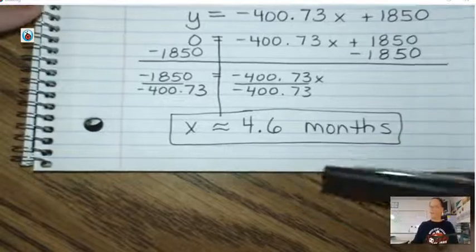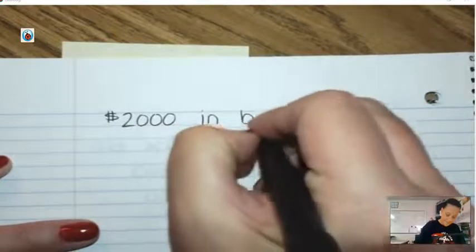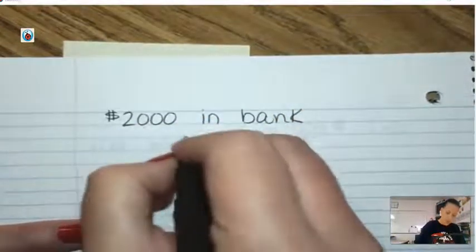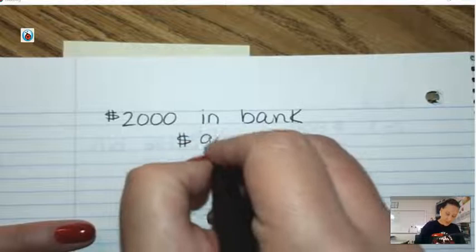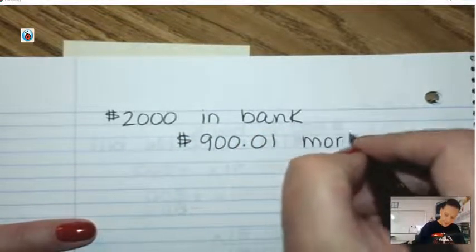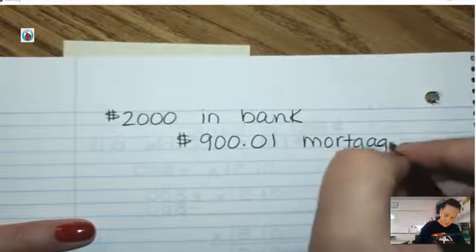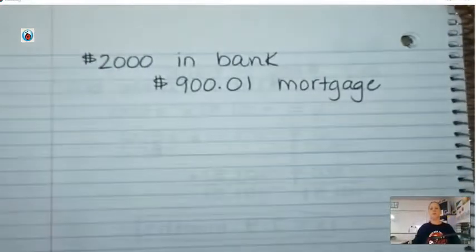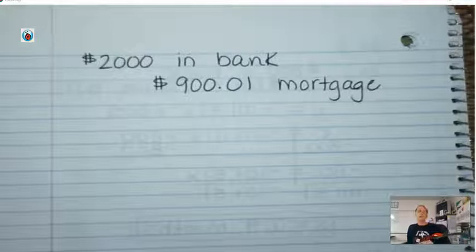Okay, last question. Cassie has $2,000 in the bank. She's making mortgage payments of $900.01. When will her account be 0?